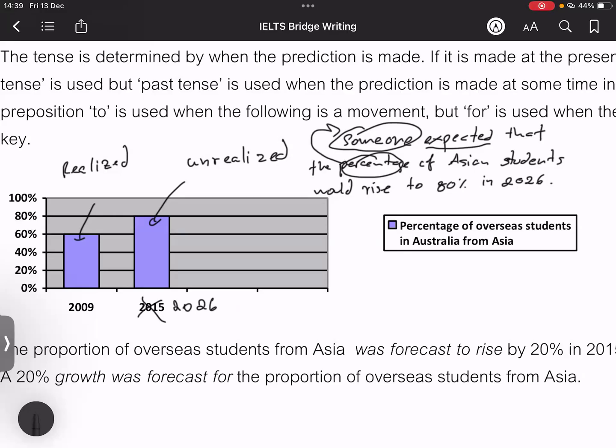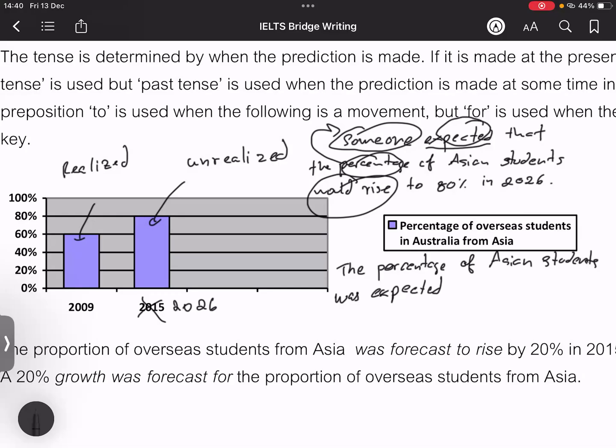So I can say the percentage of Asian students. Now I can use passive voice. So the percentage of Asian students was expected by someone, but I'm not going to include someone in my sentence. I just leave it like this. The percentage of Asian students was expected.